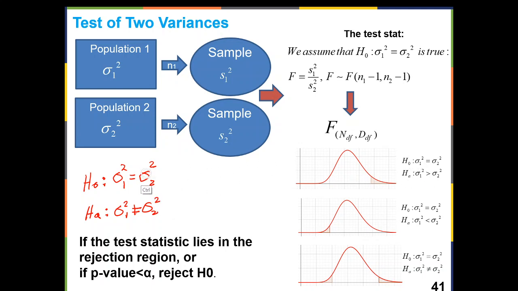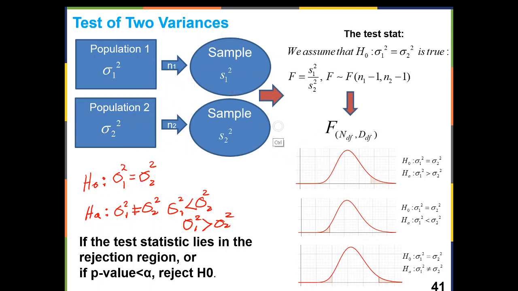If somebody claims that they're not equal, that's a two-tailed test. If somebody claims that sigma 1 squared is less than sigma 2 squared, that's a left-tailed test. If somebody claims that sigma 1 squared is greater than sigma 2 squared, that's a right-tailed test. We always assume they're the same in the null hypothesis. How does this work?